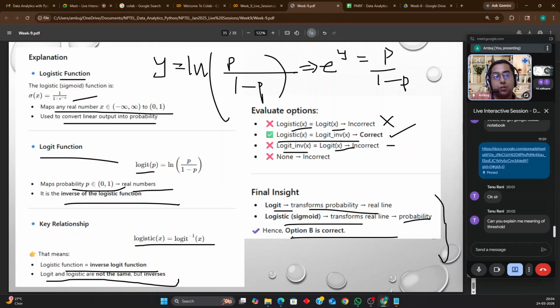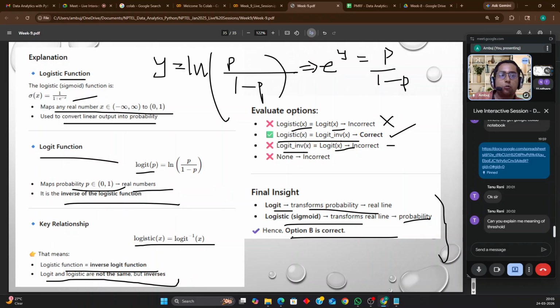And if the probability coming from the model is 0.5, 0.6, 0.51, 0.73, meaning it is greater than 0.5, it will go into another class. So threshold is that particular value which is the deciding factor.